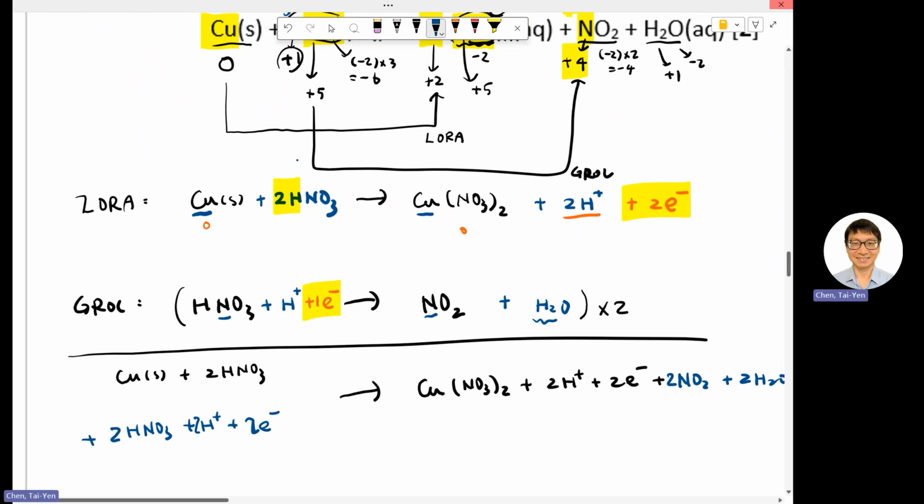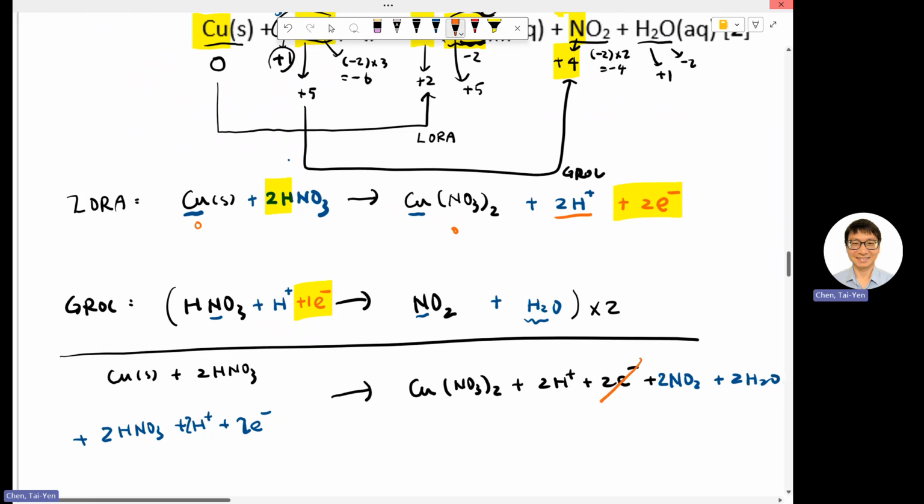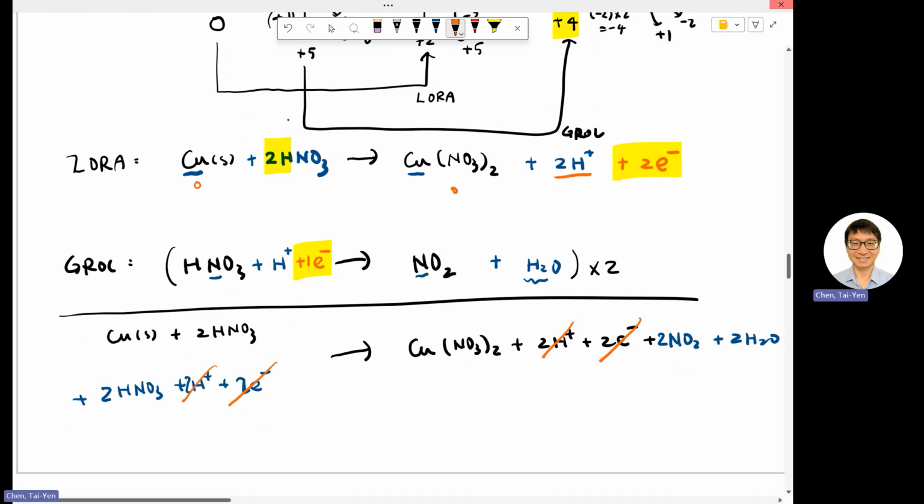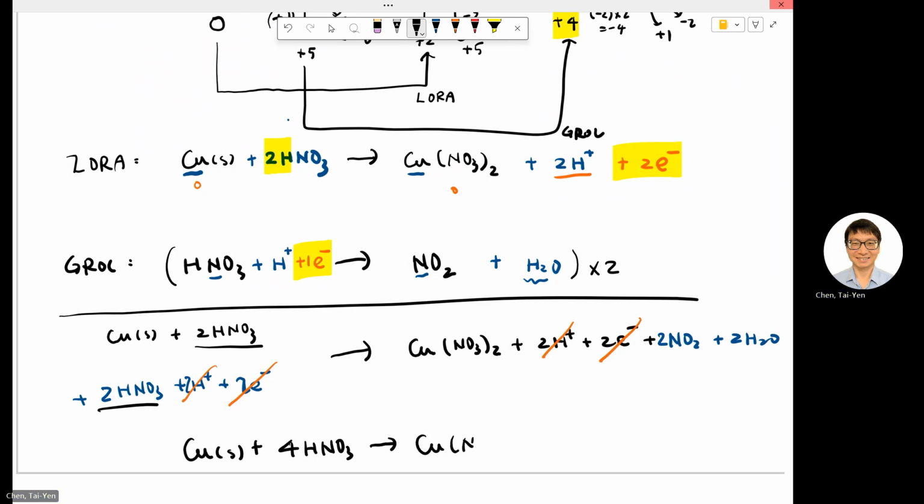Once we have everything, we can see that the 2 electrons cancel out, and the 2H+ and 2H+ cancel out. Once you have these cancelled, you can reorganize your equation, which will be Cu(s) plus 4HNO3 giving you Cu(NO3)2 plus 2 NO2 plus 2 H2O.